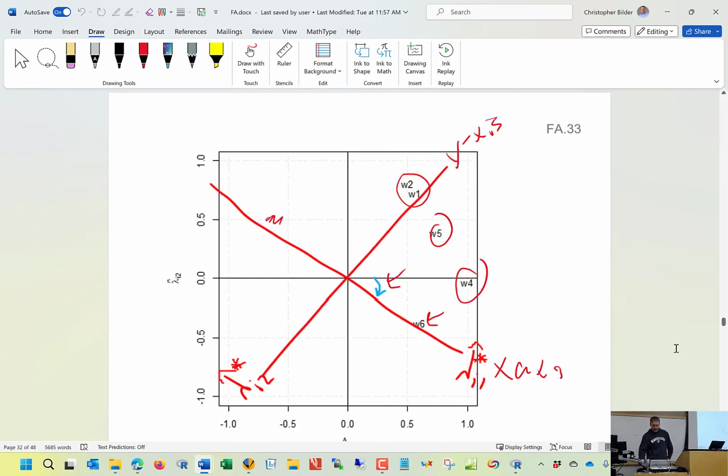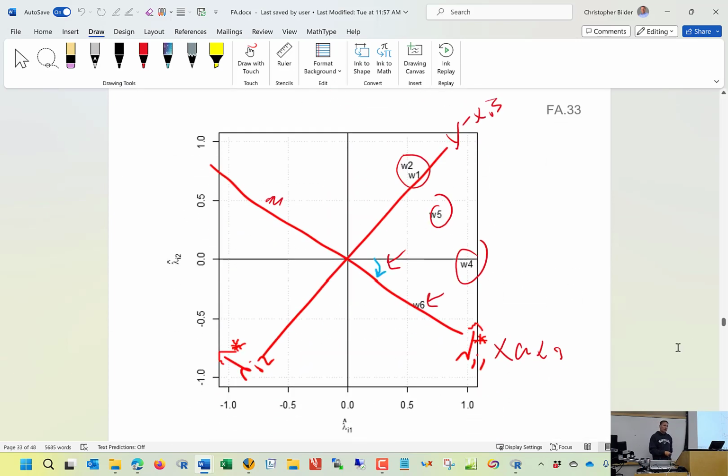So what we said is, maybe we could rotate the axes like this, set up a new set of axes, and now this might be a little bit easier to interpret. In this particular case, it was easier because notice where W1 and W2 are located, as also W6. In those three cases, we're going to have some factor loadings that are close to 0.